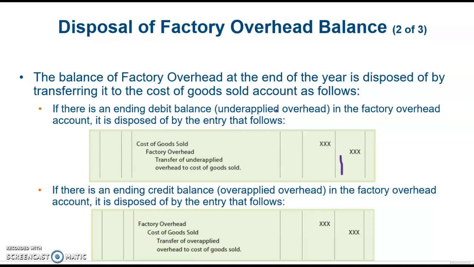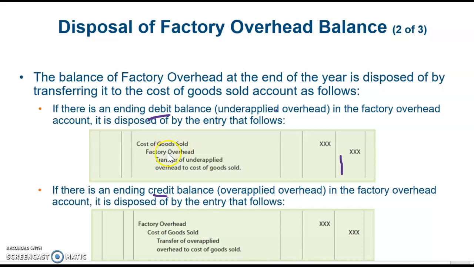If it has a debit balance, you're going to credit factory overhead. If factory overhead has a credit balance, you're going to debit it to zero it out. Either way, you close it to cost of goods sold. So that is how you're going to get rid of the overhead balance, and you get your balance down to zero.